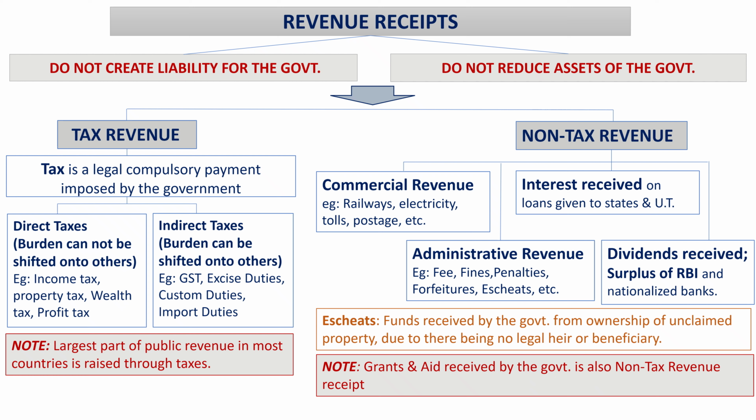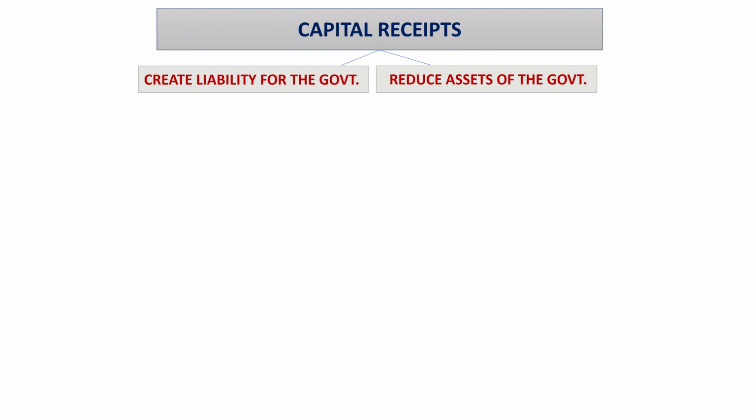Grants and aid received by the government also come under non-tax revenue, but are not included in the main components of non-tax revenue because it cannot be estimated. It is not recurrent.